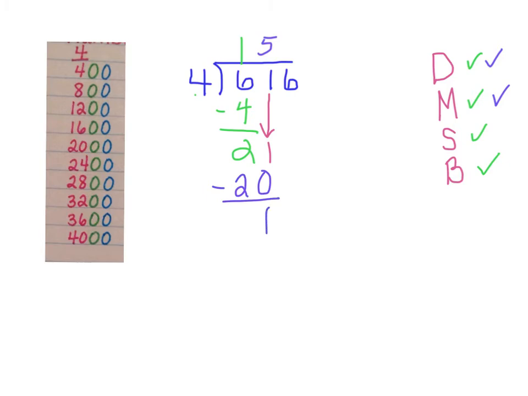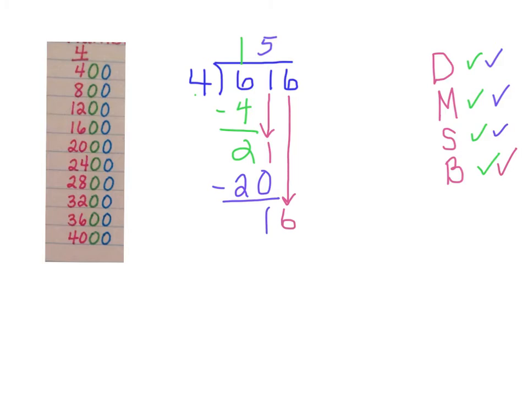That leaves me with 1. And then I'm going to bring down the 6 so that it is next to the one that was left. And that's the B, bringing down.